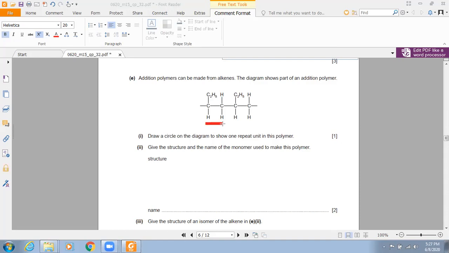So this is one part, this is another part. You are asked to give the structure and the name of the monomer. So the simple way is to just give a double bond. So how the structure will be, see, if I draw, it will be like this.